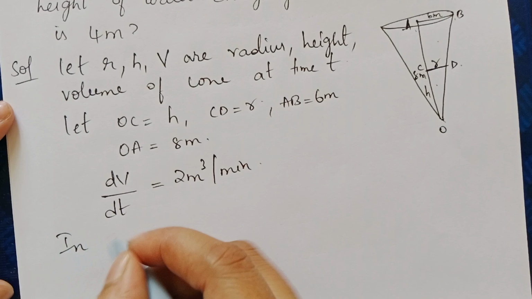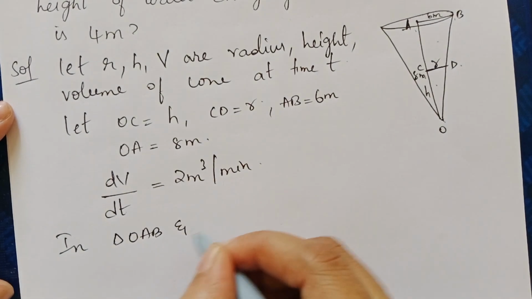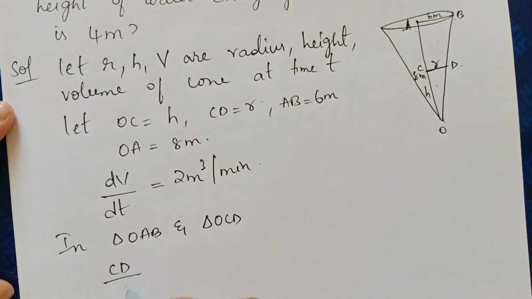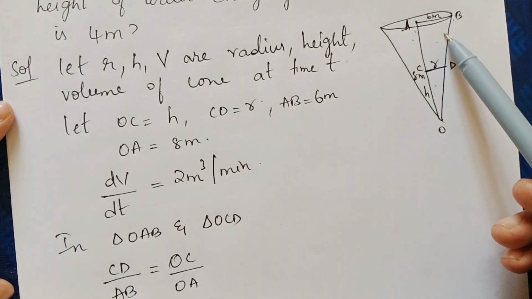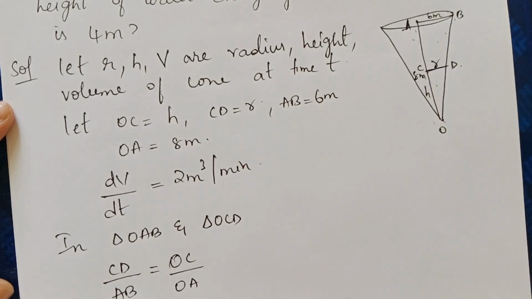The two are similar, so in triangle OAB and triangle OCD, CD/AB will be equal to OC/OA, right? The radii and the heights. Similar triangles, so we can write the ratios of their corresponding sides.